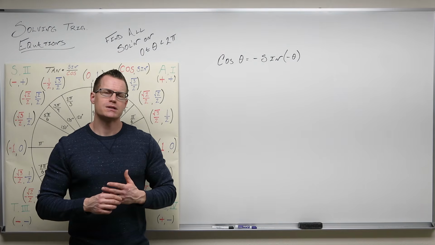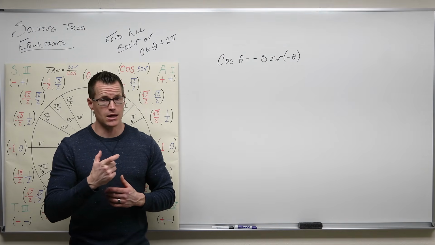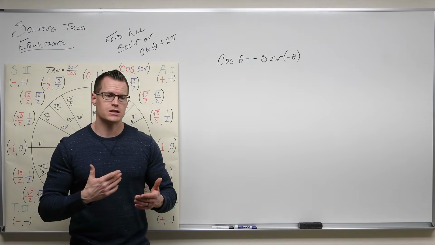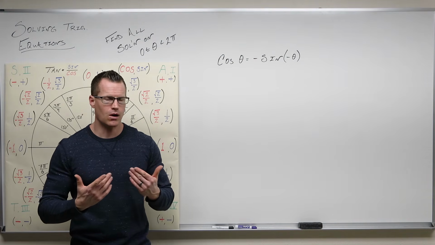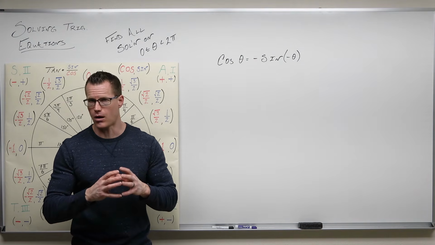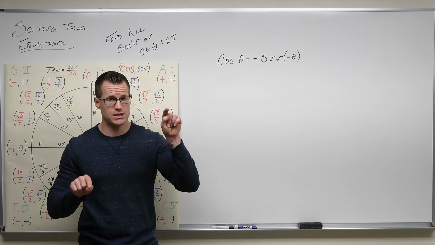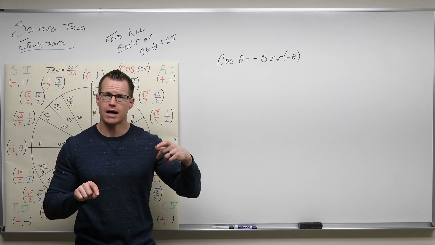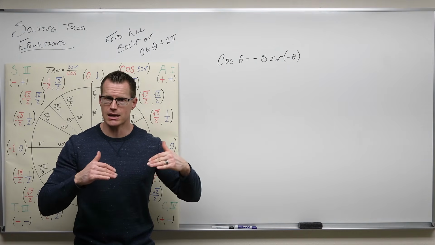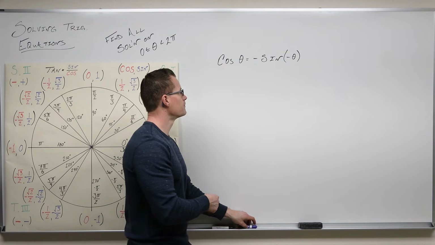Well, every time we have a negative angle, you can change it. You see, all of these functions are even or odd. Sine happens to be an odd function. What that means is that opposite inputs give you opposite outputs. So sine of negative theta is equal to negative sine of theta.